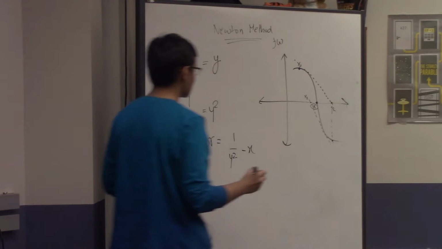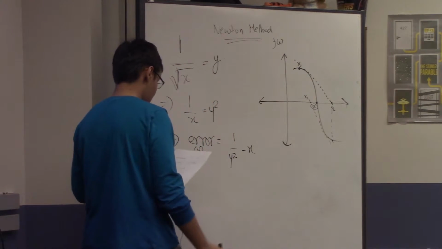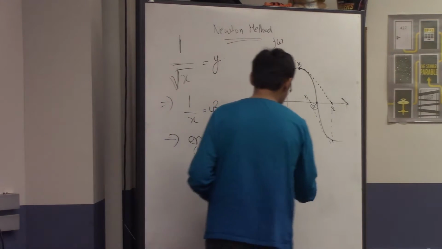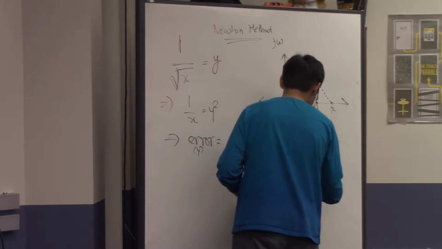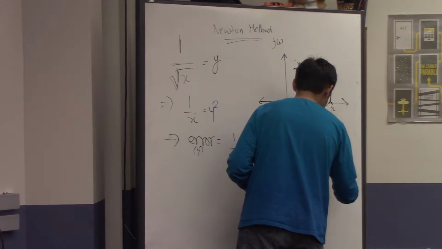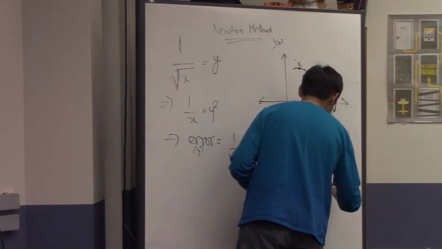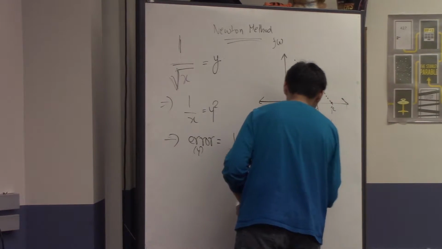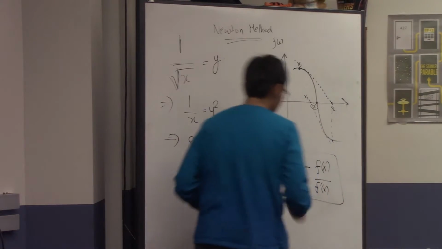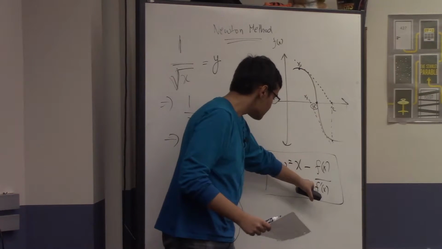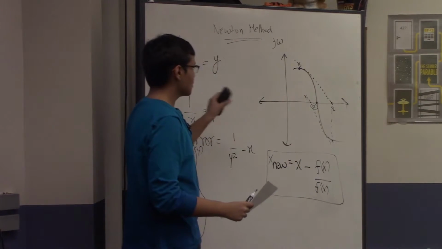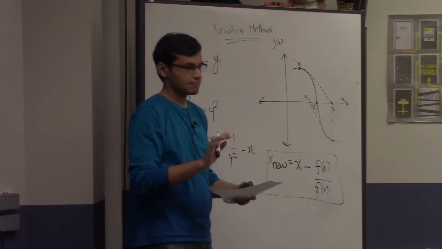I'm actually going to write what Newton-Raphson's formula is. So it states that x new, which is my second x, equals x minus f of x over the derivative of f of x. f of x being the function I currently have, f prime of x being the derivative, and x being my original guess.